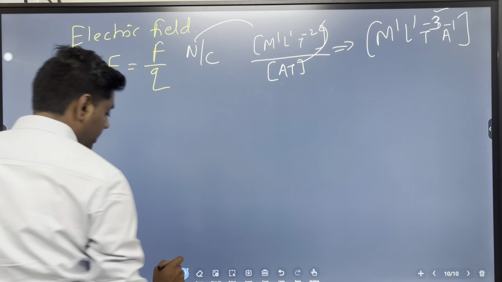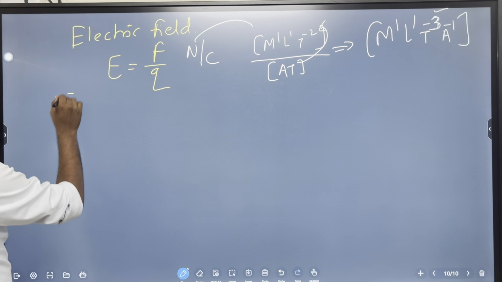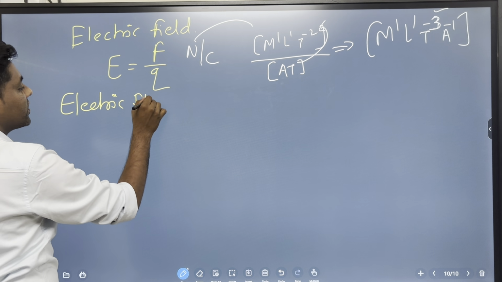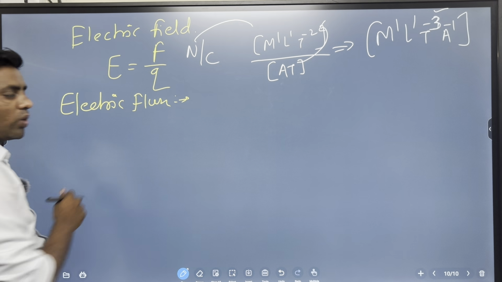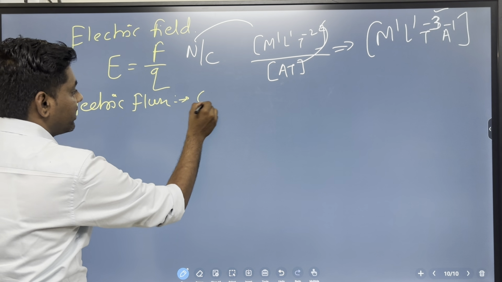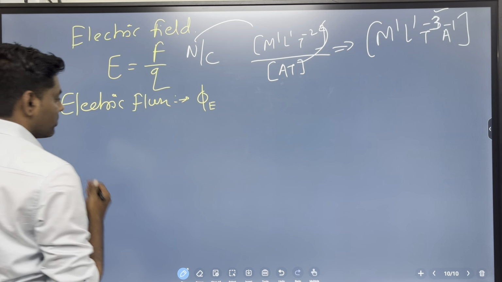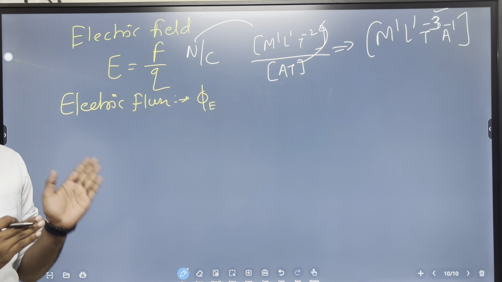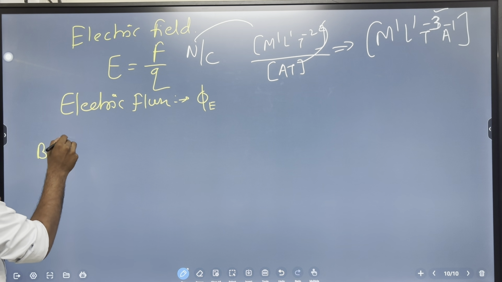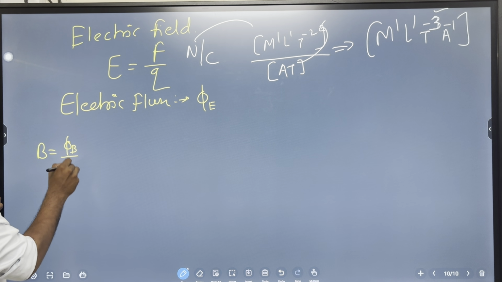Next physical quantity, most important, that is electric flux. Many times they ask in the CET examination what is the SI unit and dimension for electric flux. It is denoted by the letter phi suffix E. So similar to the magnetic flux, if we compare with magnetic flux, that is magnetic field equal to magnetic flux divided by area.